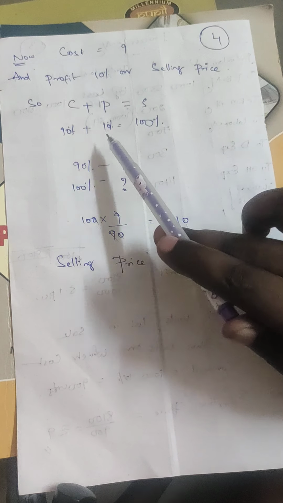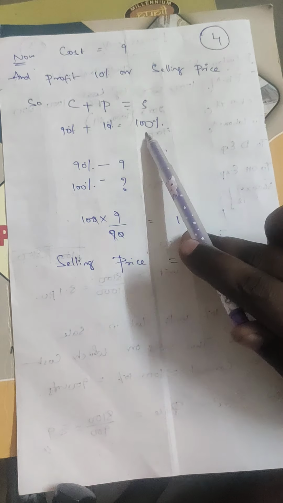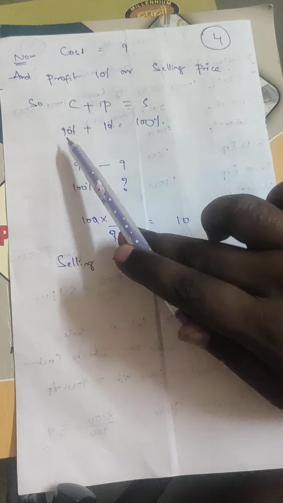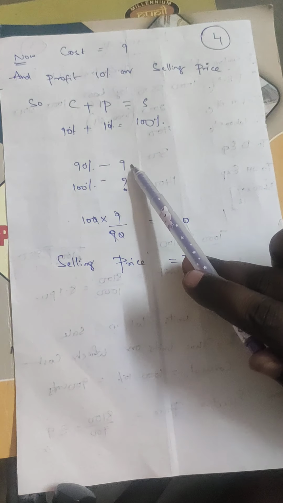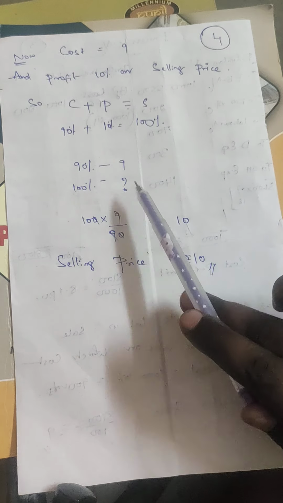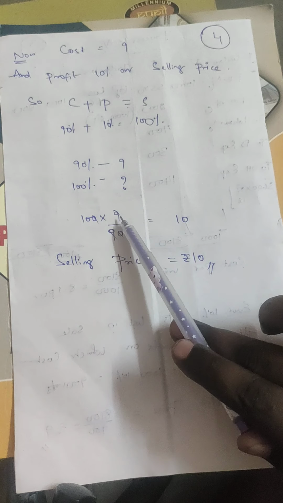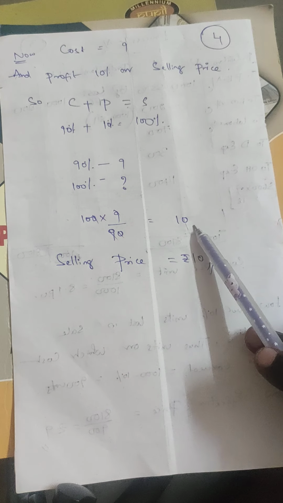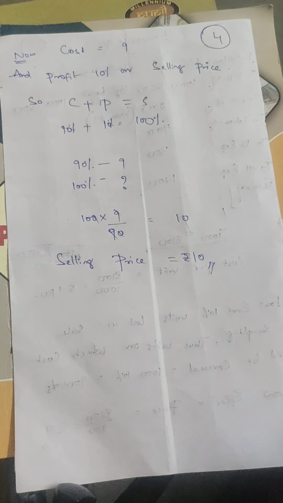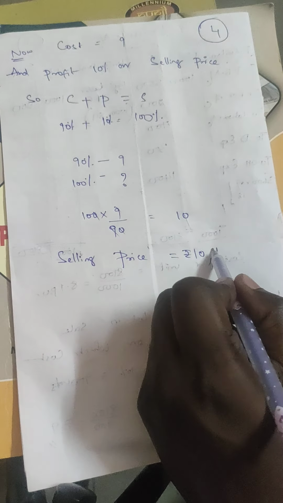So 90 plus 10 is equal to 100. We know the cost price, so for 90% we have 9, and we require the selling price at 100%. So 100 into 9 by 90 is equal to the selling price, 10. So the selling price is 10 rupees per unit.